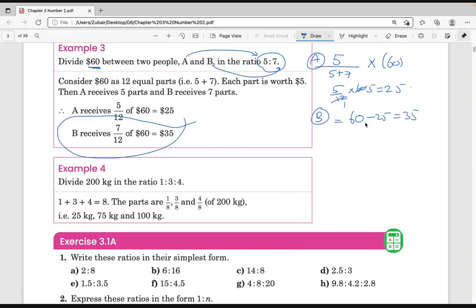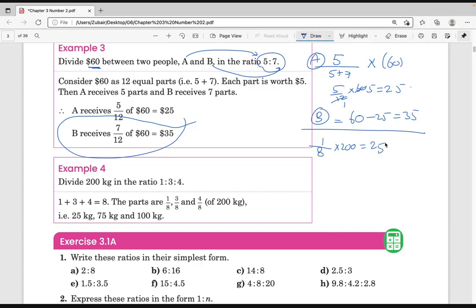Example number 4, divide 200 in the ratio 1, 3, and 4. It is just the replica of example 3. So we get 1 ratio out of the total 1 plus 3 plus 4 is 8 of 200, and 200 by 8 is 25. So 1 ratio represents 25.